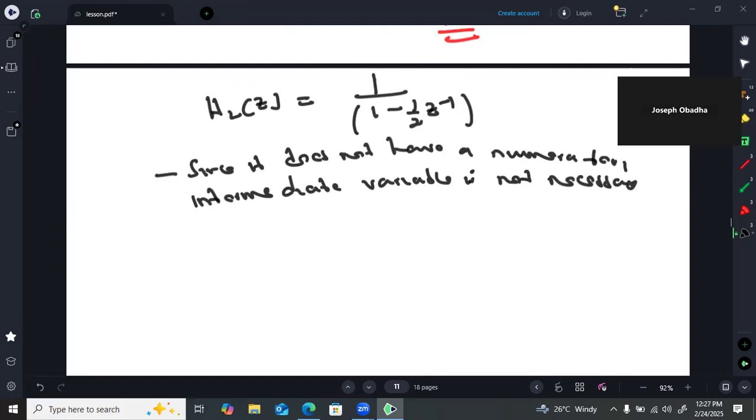So we may just go ahead and say H2(z), which is equal to Y2(z) over X2(z), is equal to 1 over 1 minus 1 over 2 z minus 1.